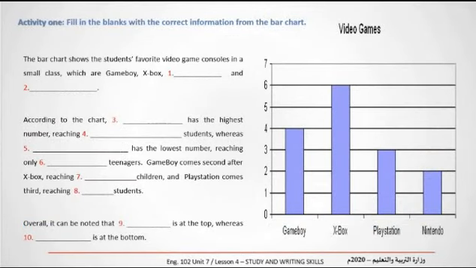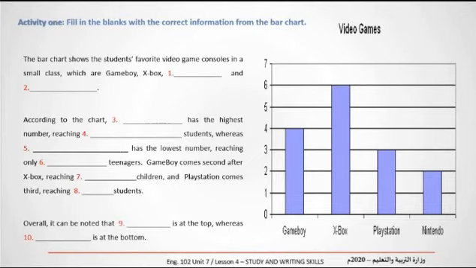Okay, now this is a very simple activity. Just look at the bar chart and try to fill in the blanks with the correct information. Again, you go back to the chart and fill in the blanks with the correct information.